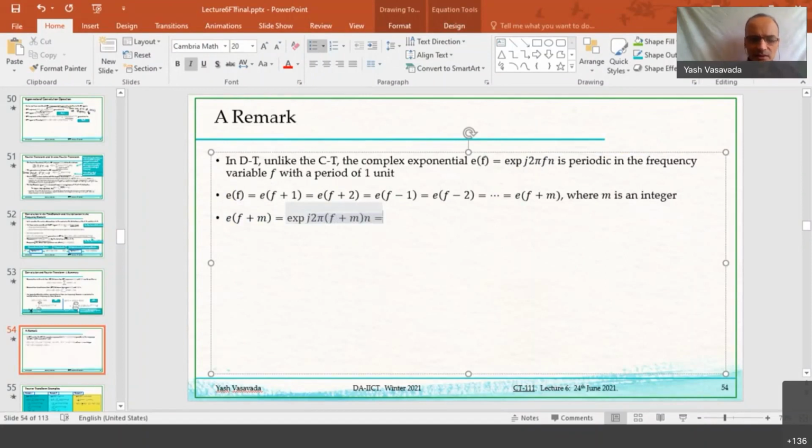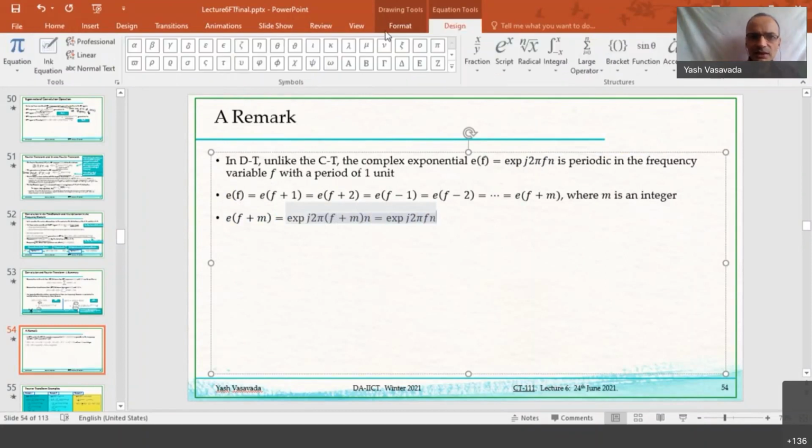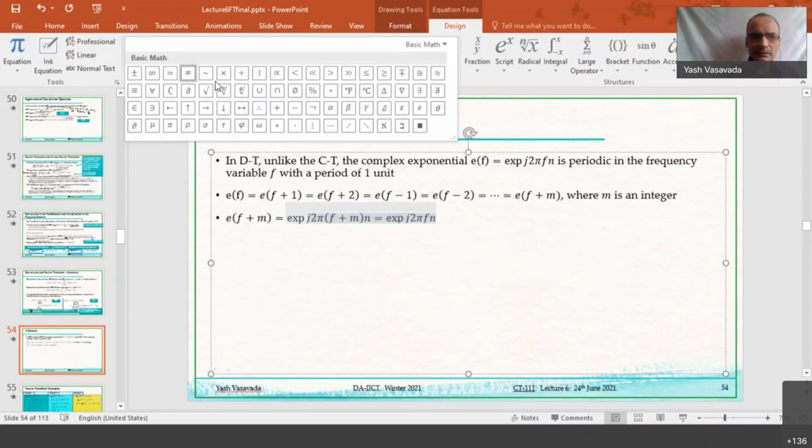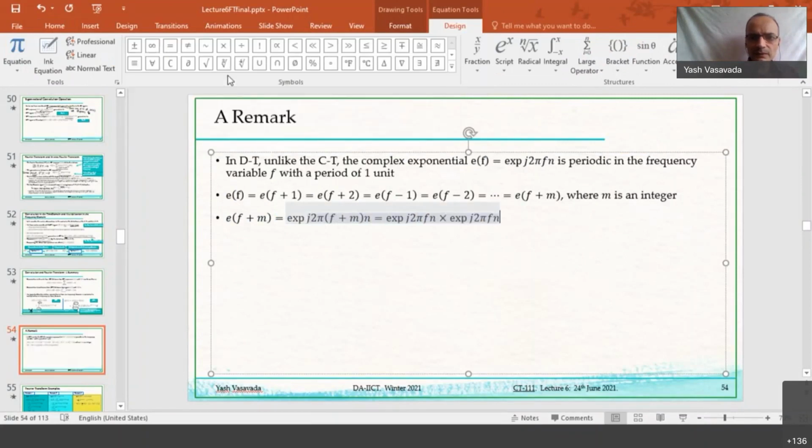But this is the same as the original complex exponential at frequency f times e to the power j 2 pi mn.